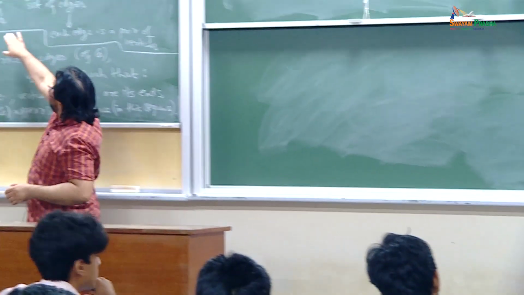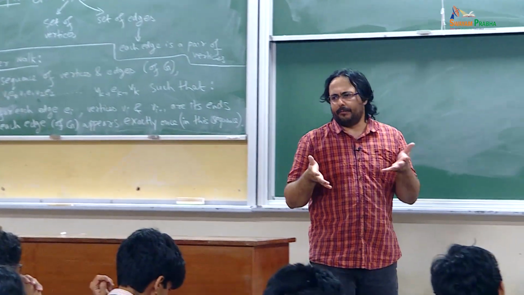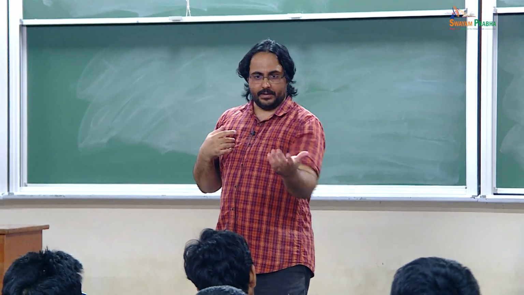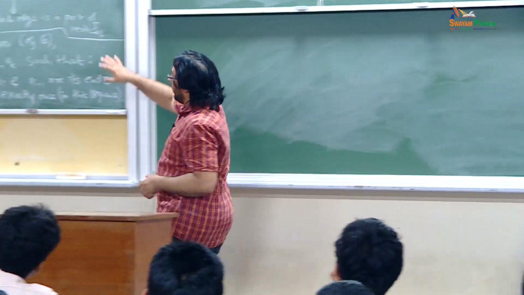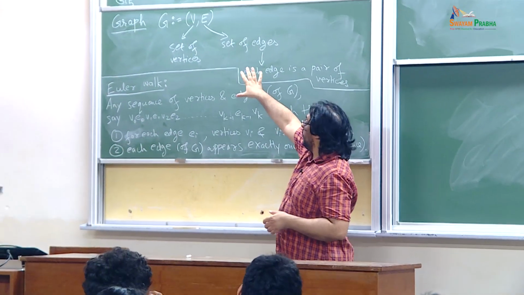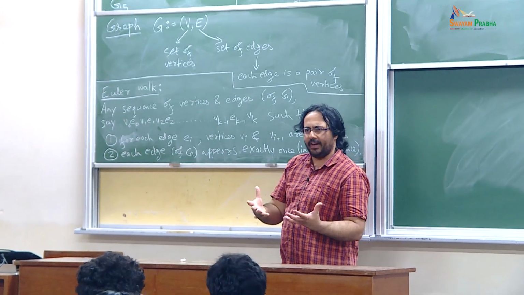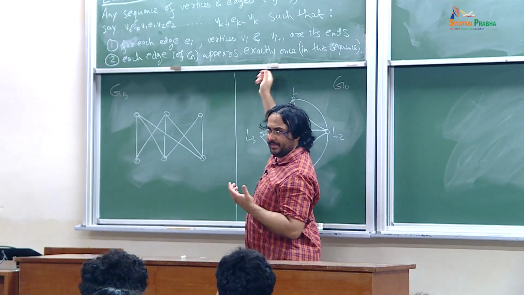It's a set of vertices and a set of edges, and each edge is nothing but a pair of vertices. For example, the pair could be me and you, for instance. Maybe we know each other. So that's what a graph is, and the point I want you to appreciate is you don't need to draw it. Of course, it's nice to draw it, but a graph doesn't have to be drawn to exist.